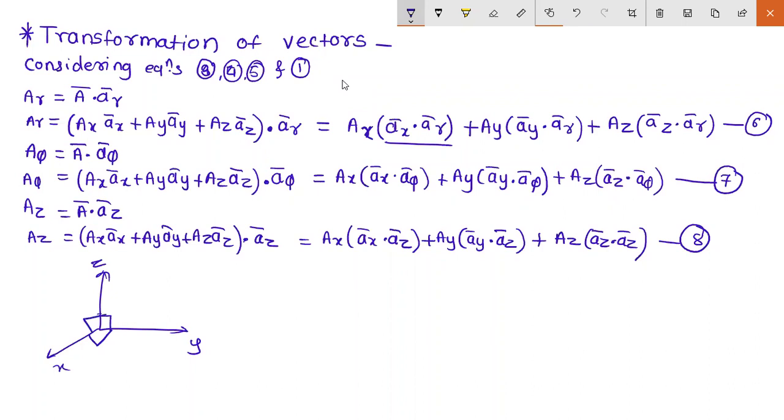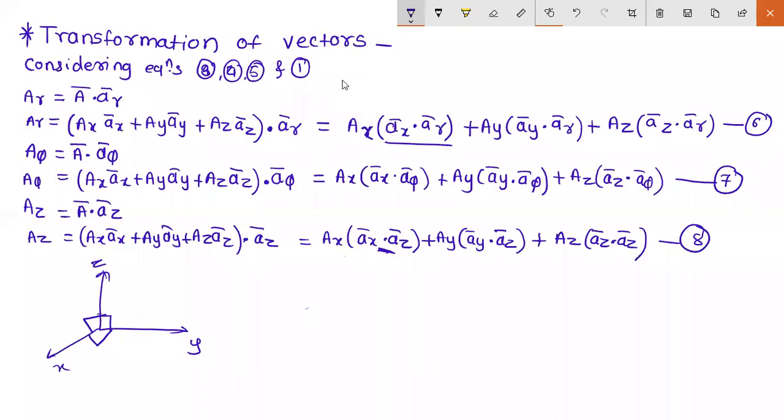Okay. So if we take the dot product of two different unit vectors, only for the Cartesian coordinate system, suppose I take A bar X dot A bar Z, the last term, what is their dot product? 0.